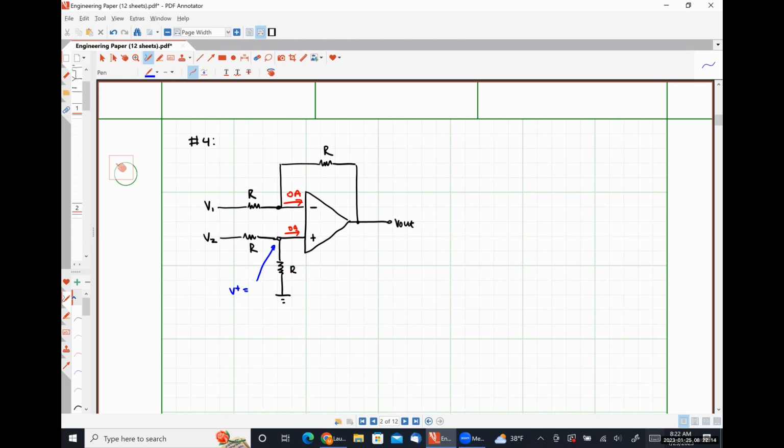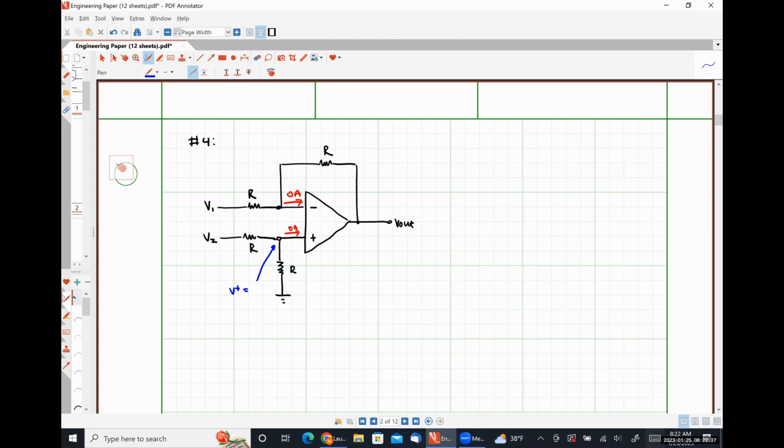Okay, so what voltage does that give me? 1/2 V2, absolutely right. So effectively, all we have connected to our non-inverting input terminal here is a simple voltage divider, because we know that none of the current can branch off and flow through into the input terminal.